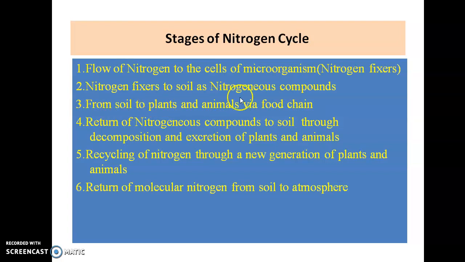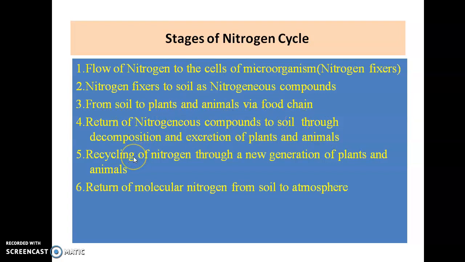From the soil, these nitrogenous compounds are absorbed by plants, and the animals mainly depend upon these plants for their energy requirements. These nitrogenous compounds enter into the animals via the food chain. Then after the decomposition and excretion of plants and animals, these nitrogenous compounds return back to the soil itself.